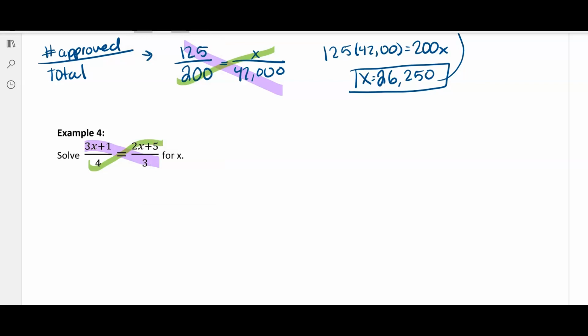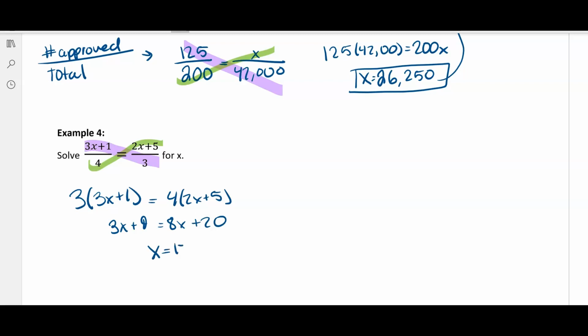So I'm going to do 3 times 3x plus 1 equals 4 times 2x plus 5. We are going to get 9x plus 3 equals 8x plus 20. When we solve, we get x equals 17.